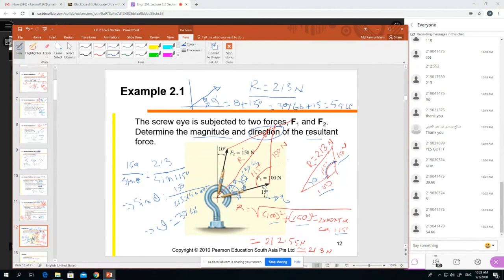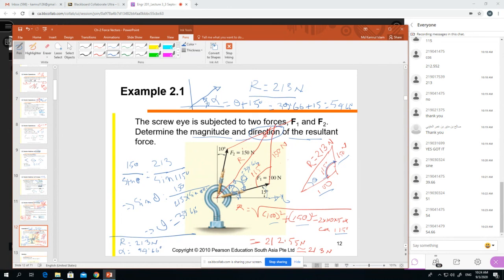So our direction is this. How will we write the final result? Our final result will be written this way: R equal to 213 Newton and alpha equal to 54.66 degree.